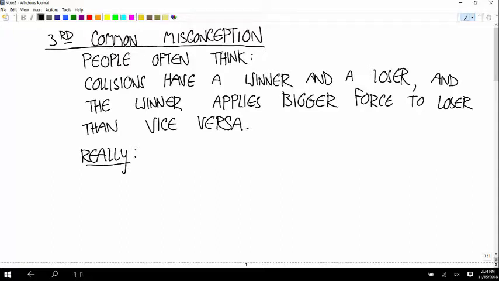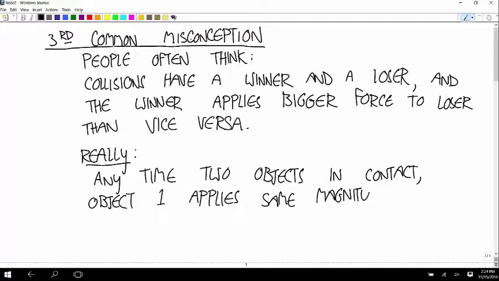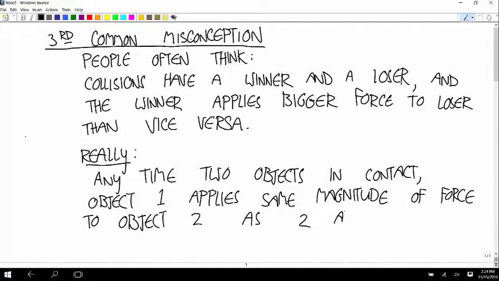anytime two objects are in contact, whether it's a collision or anything else, object one applies the same magnitude of force to object two as two applies to one.